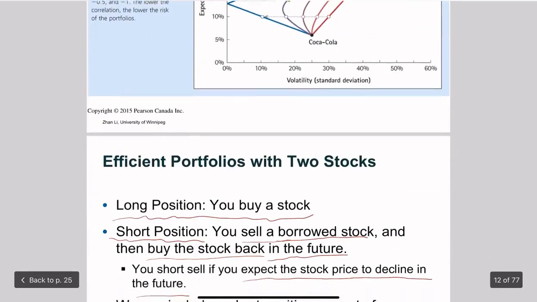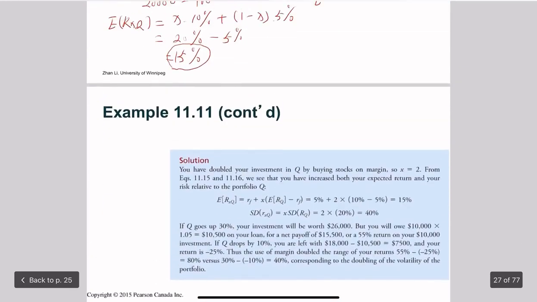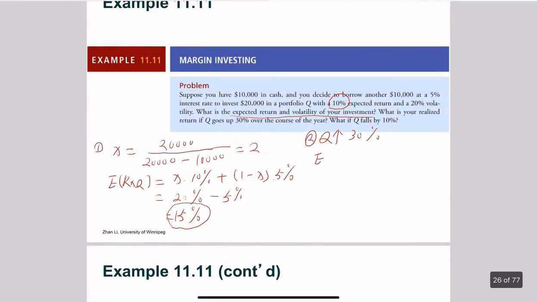If Q increases by 30%, then the combined return is X times 30% plus 1 minus X times 5%. X equals 2, so we get 60% minus 5%, which is 55%.